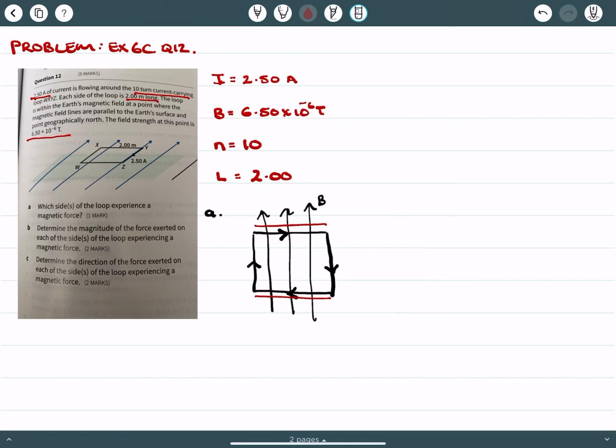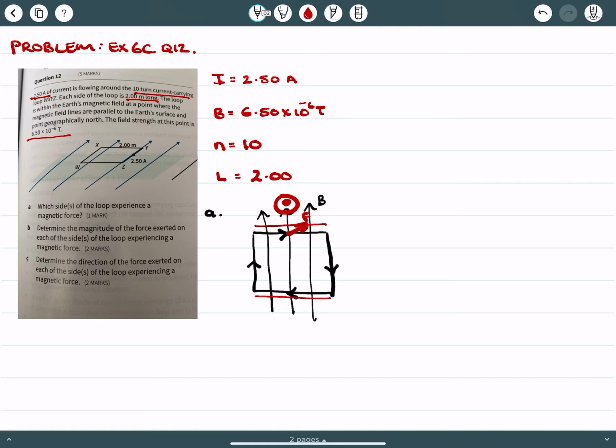My field lines follow the fingers, my current follows the thumb, and therefore in this section my palm would be open upwards, so the force will be coming out of the page.